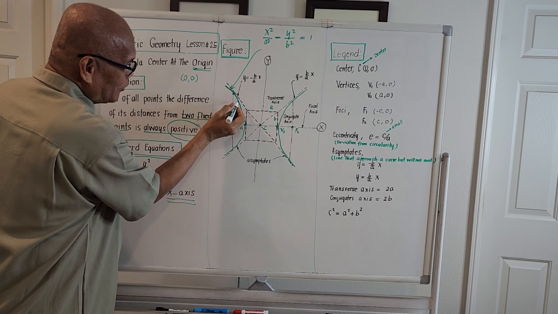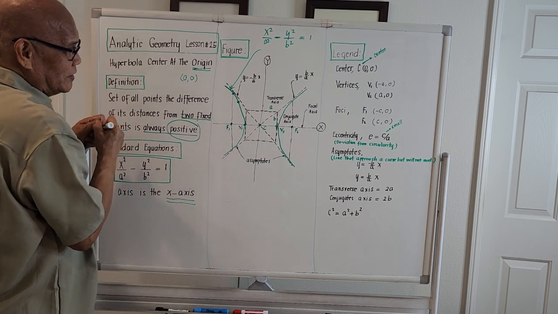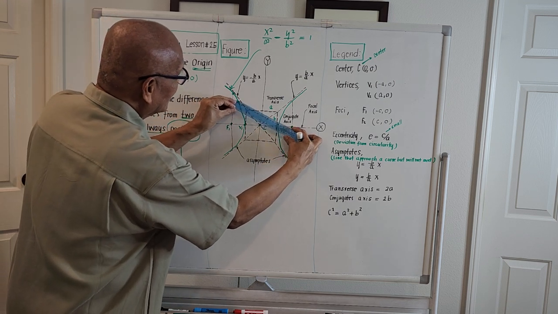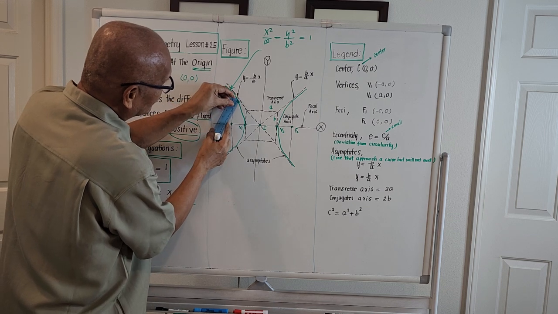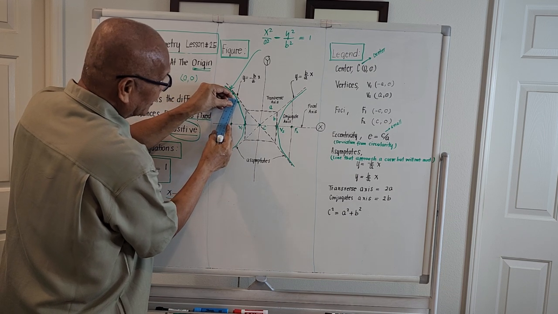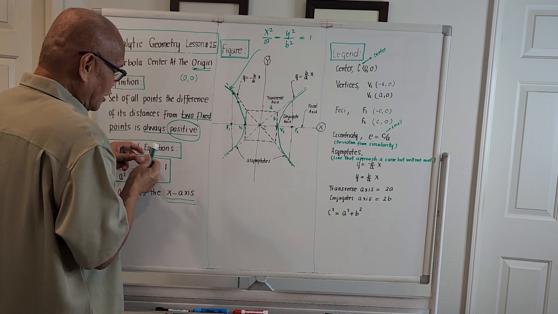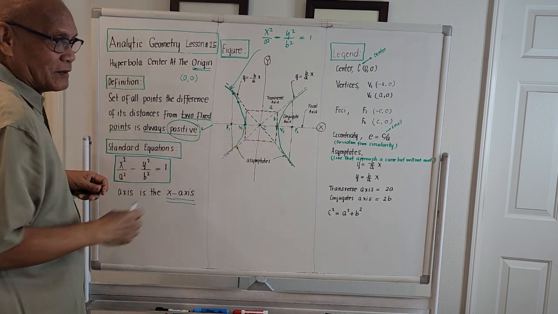It is something like this. If you move the point, supposing the point goes here, the longer distance will be this one here, right? And the shorter distance will be this one. Again, if we subtract it, it will still always be a positive number.